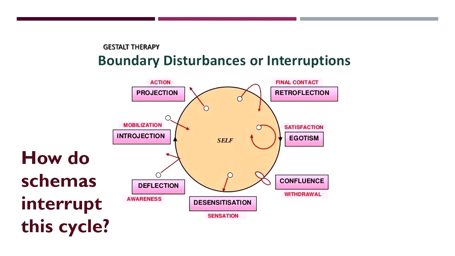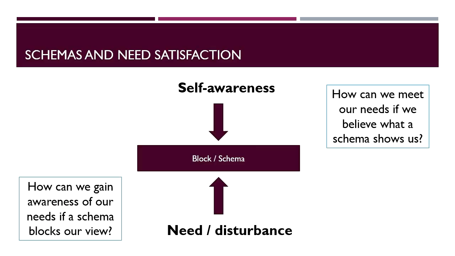As I explained last time, schemas are patterns of beliefs, of interpretations of our feelings and behaviors. Schemas themselves are not really driving or controlling our behavior, but rather the problem becomes what we do with that schema. Our responses to the schema will determine whether we are able to meet our needs.